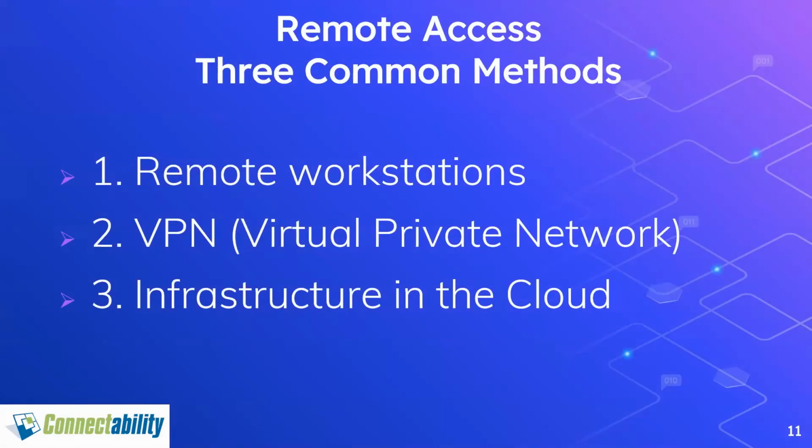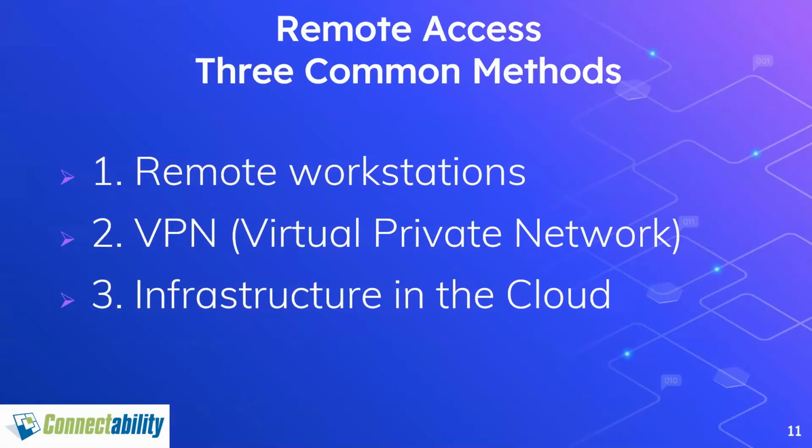Let's start with step number 1, remote access. There are 3 common ways that we set up remote access for our clients. The first is what we call remote workstations. I'll explore the concept in more detail momentarily, but basically this is a way of connecting to a remote computer within your office from your computer at home.